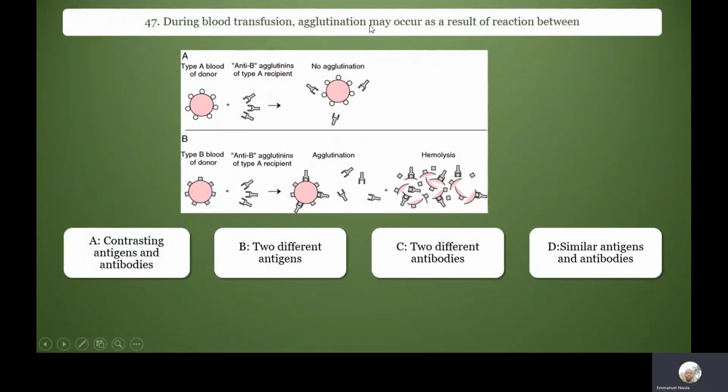During blood transfusion, agglutination may occur as a result of reaction between contrasting antigens and antibodies.